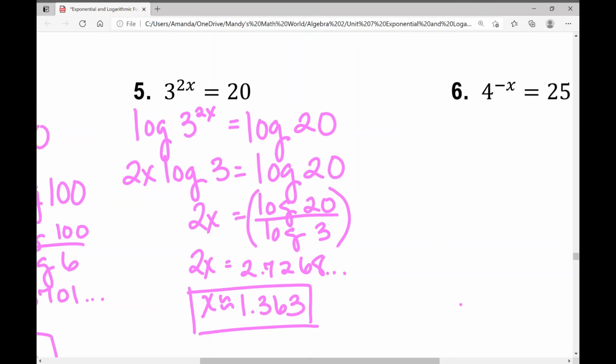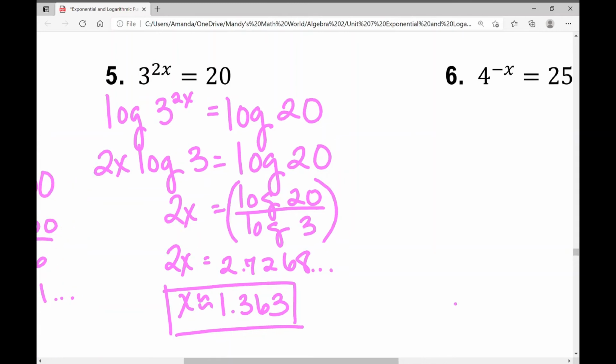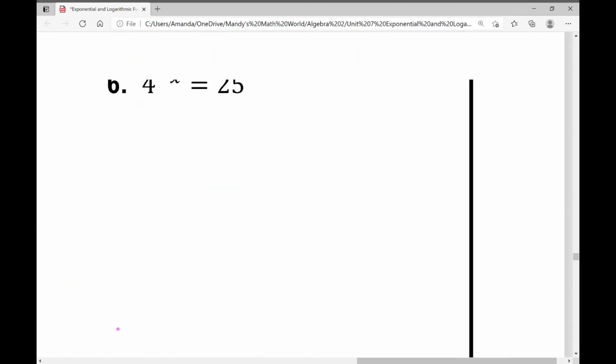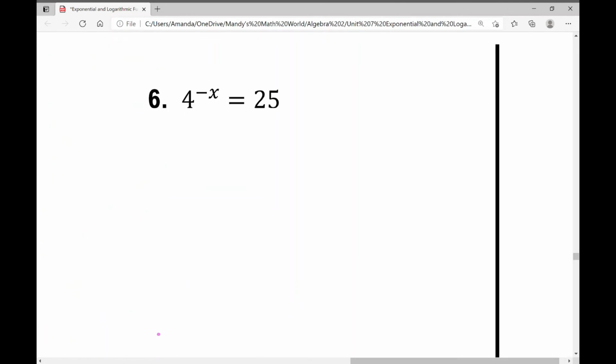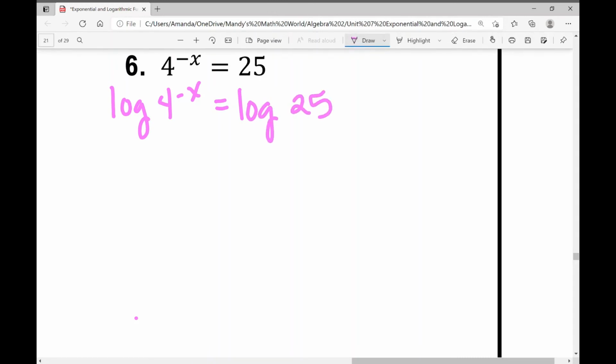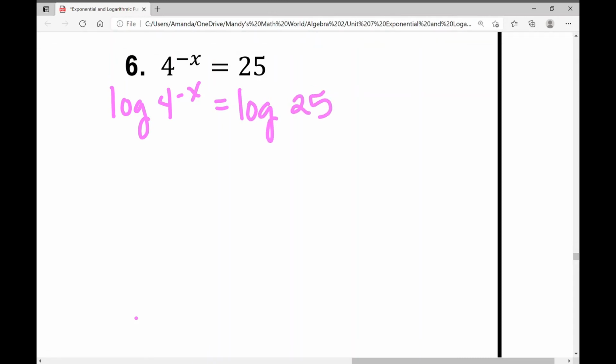Let's move on to number 6. And hopefully you start getting the hang of it. Sorry, moving right along. Okay, I can't create expressions with the same base, so I'm going to take the log of both sides. That becomes log of 4 to the power of negative x. What I do to one side, I have to do to the other, log of 25. Again, I'm going to apply those properties of logarithms.